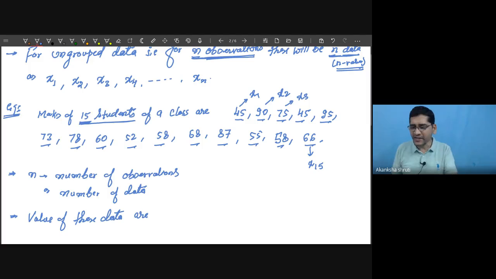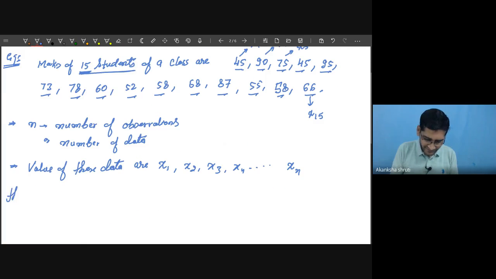So the first student is getting 45, roll number 1 is getting 45, roll number 2 is getting 90, and so on. So n is the number of observations, you have to keep that in mind. And the values of this data are denoted in general terms as x1, x2, x3, x4, and so on, and the last I am taking as xn.